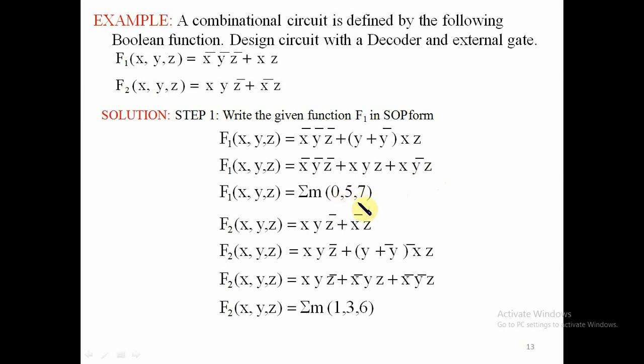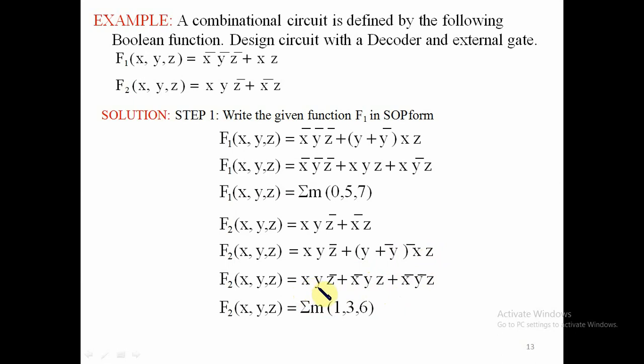But here we rearrange that equation. The second one is given as XY Z bar plus X bar Z. Directly that equation would be given, but here we require the Y term, hence we use the identity law Y plus Y bar. Multiplying it into the bracket, we get X bar Y Z and X bar Y bar Z. After that we find the equation.